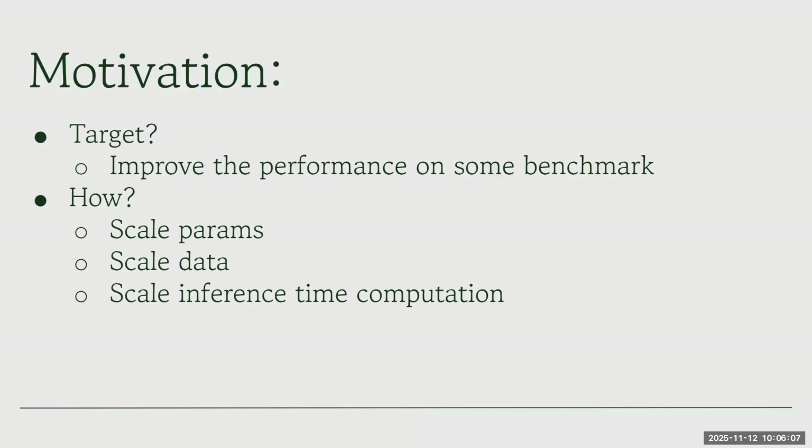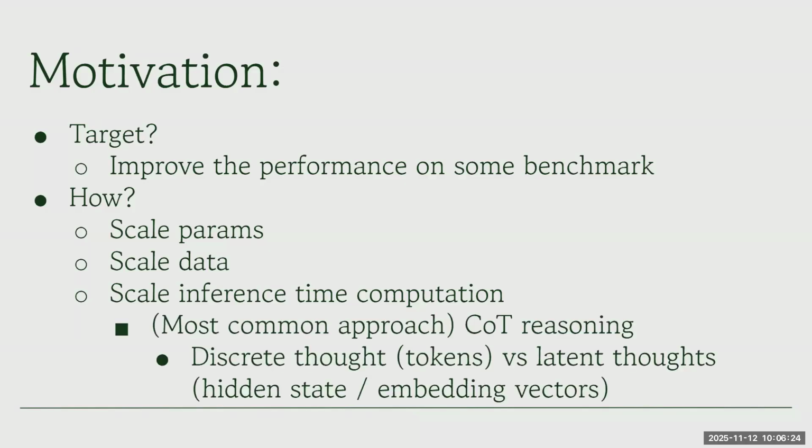In this case, you could either generate more think tokens, which is the default approach, so you have the think step-by-step approach, or you generate latent vectors. So I sort of divided this into discrete thoughts and latent thoughts approaches to chain of thought reasoning.